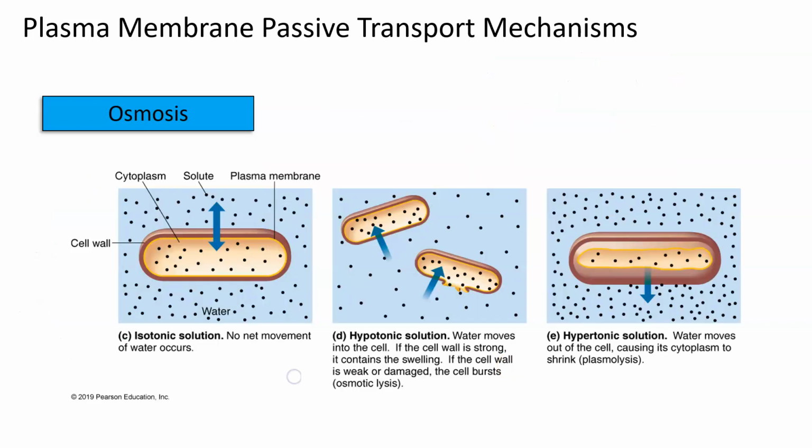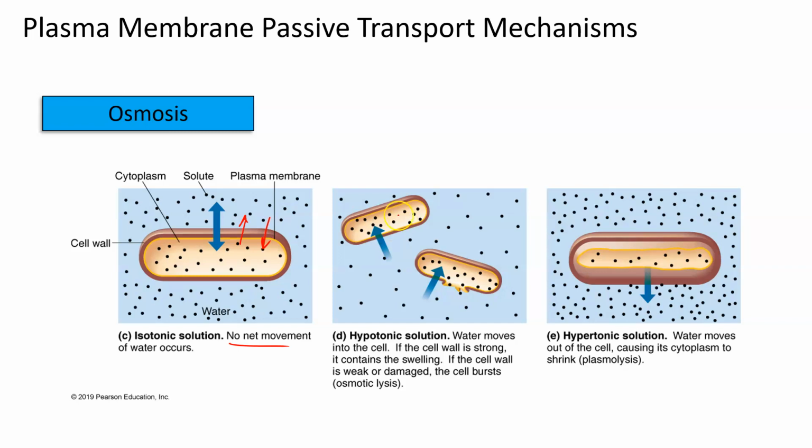Okay? Again, osmosis, if we have a cell that is equal in solute concentration to its environment, the net movement of water is 0, and water will move in and out of the solution and in and out of the cell equally.